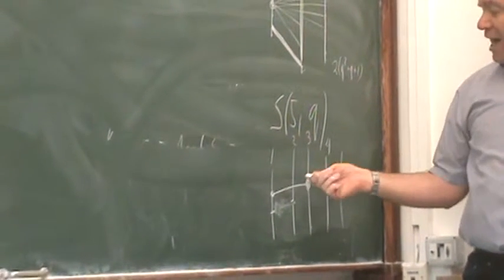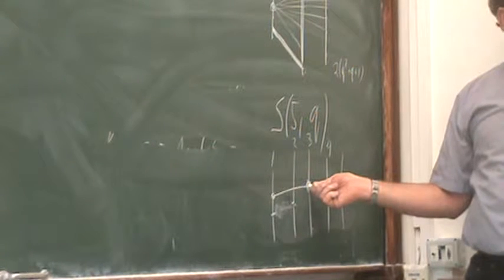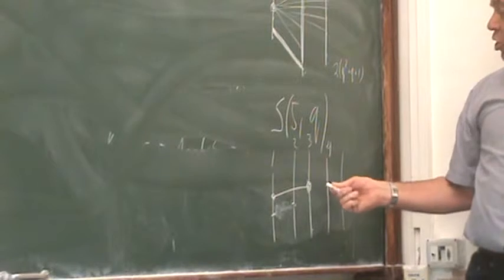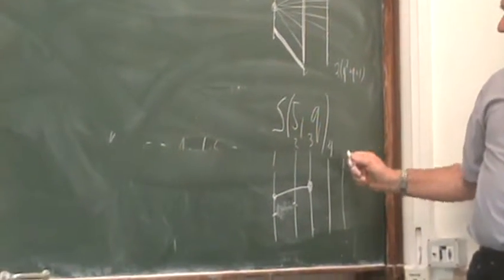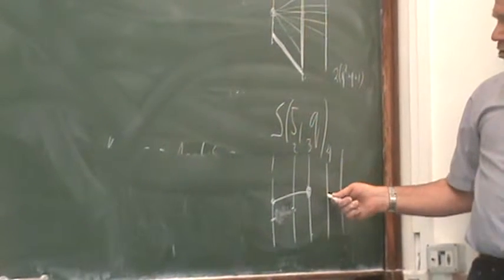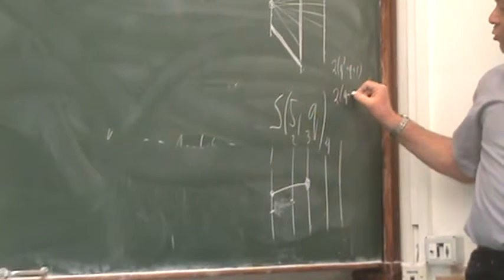Then you can choose either a subspace of dimension 2 between the two of them, and then you have q plus 1 possibilities, or a subspace between 3 and the full space 5, and then you have again q plus 1. So the number will be only 2q plus 1.